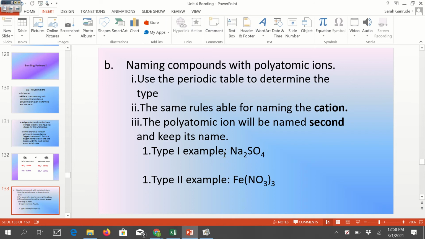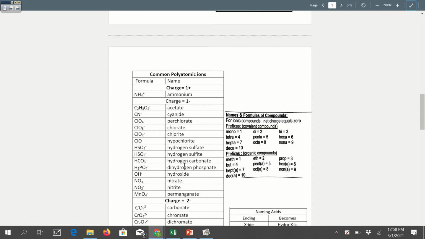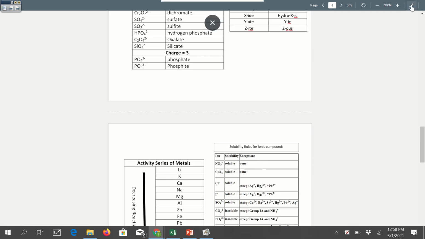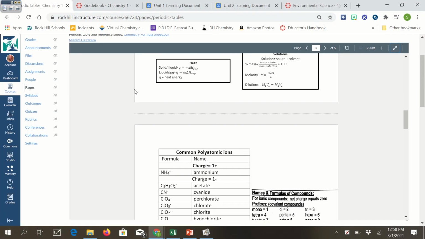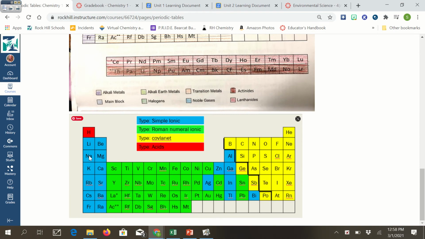All right, so let's do this first example. We have Na2SO4. It's the same rules as normal. So first thing I'm going to do is look for the type. Looking at your type 1, Na is simple, so we're just going to name the first one, name the second one.